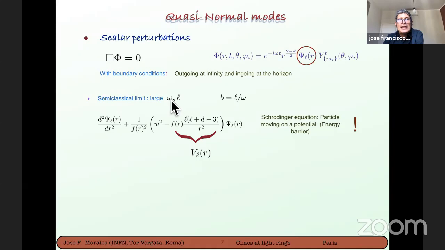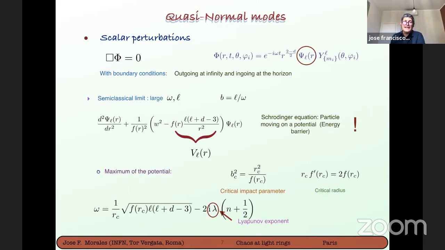And you consider the regime where omega and L are large, but the ratio is finite. You can see that this wave equation reduces to the Schrödinger equation for a particle moving in a potential, where the potential is given by this formula, which depends on F, this function that characterizes the black hole.